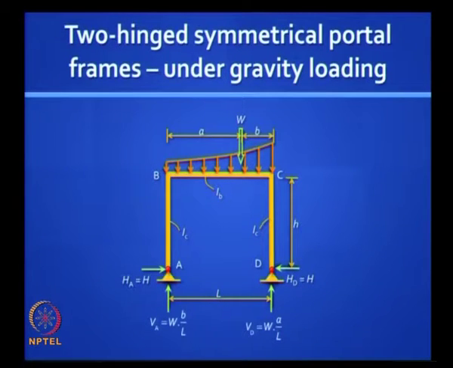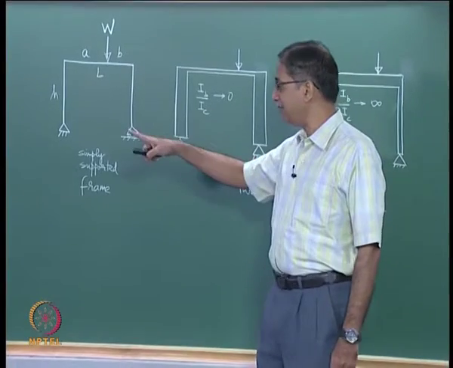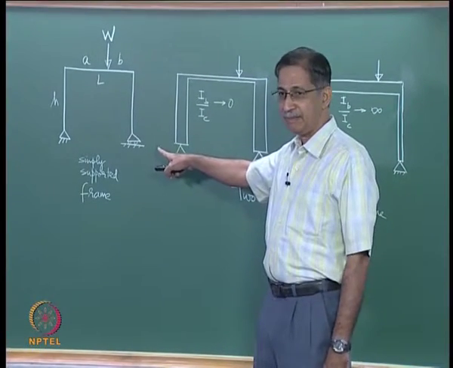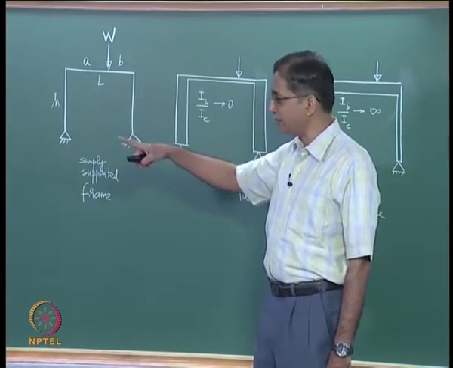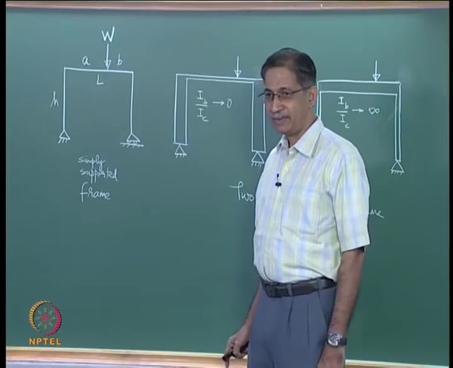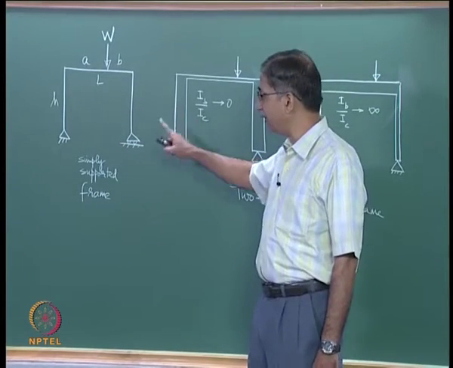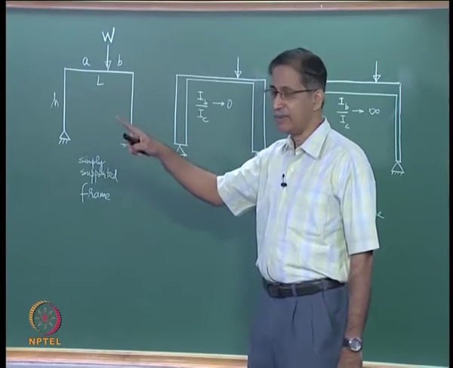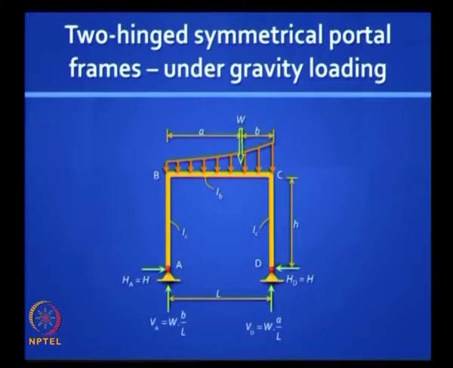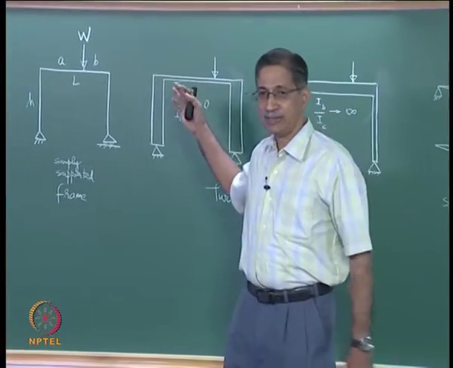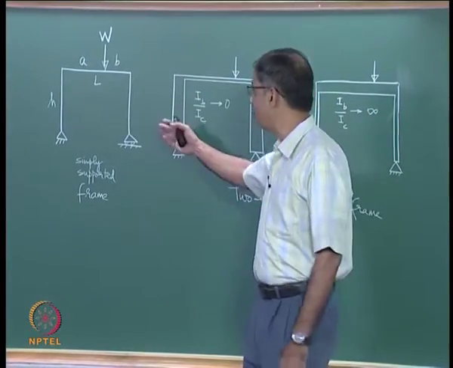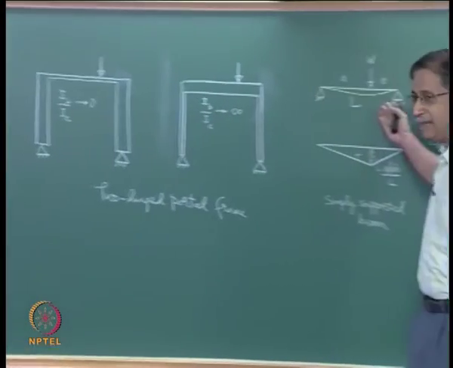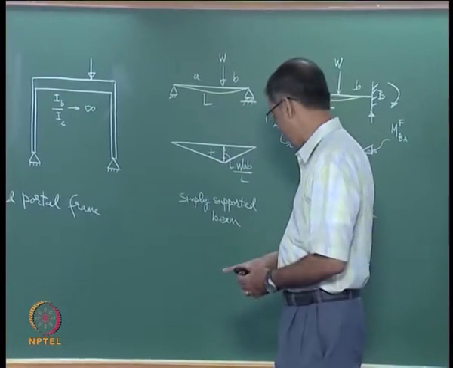Now I want you to look at these pictures which I have drawn. Take a look at this. This is that same frame, but it is simply supported. That means one of the supports is a roller support. In what way is the behavior of this frame different from the original frame? There will be no bending moments in the columns, and in fact this will behave exactly like a simply supported beam.